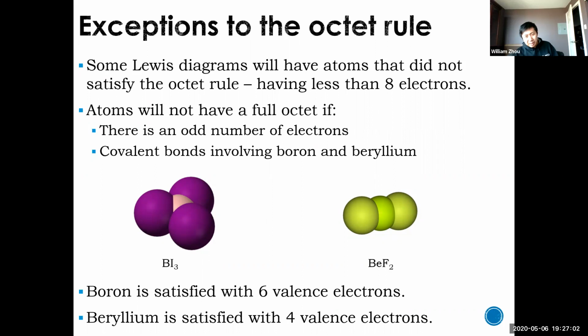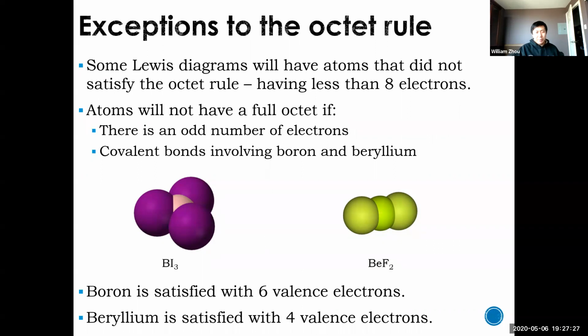They can have less than 8 electrons, and it's fine. How could this be? Well, two possibilities. Possibility number one, if you have an odd number of electrons, then there's no way you can satisfy everybody. There will always be one single electron left behind, and somebody's not going to have 8. There's nothing you can do about that, so just do your best.